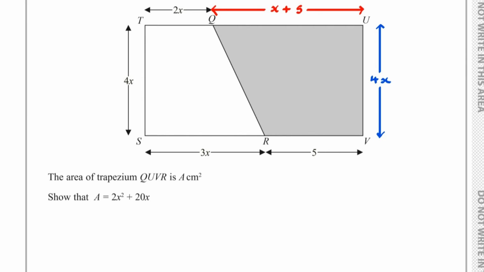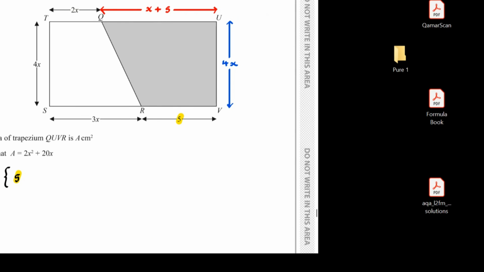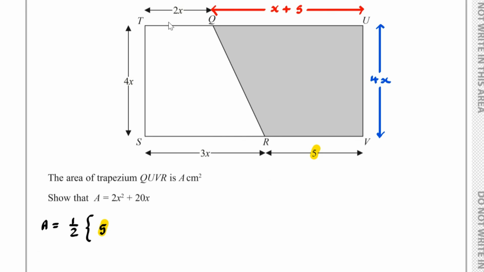Now to find out the area A, we've got the area of a trapezium, 1/2 times by the sum of the two parallel sides. So I've got the 5 plus the x plus 5, and then I'm going to times that by 4x.